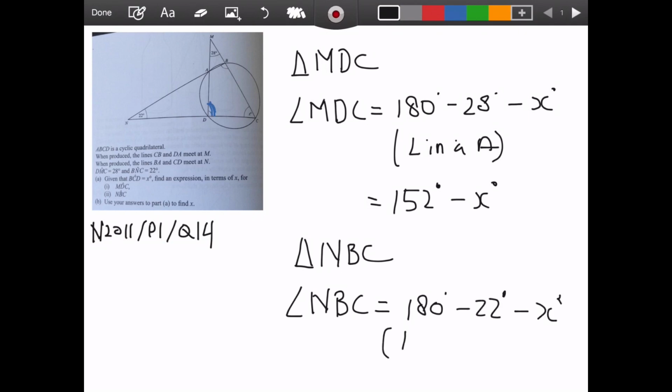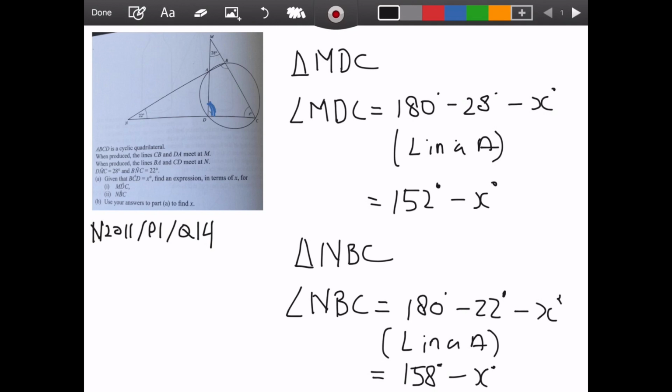This is the angle in a triangle, right? So we get 158 degrees minus x degrees.